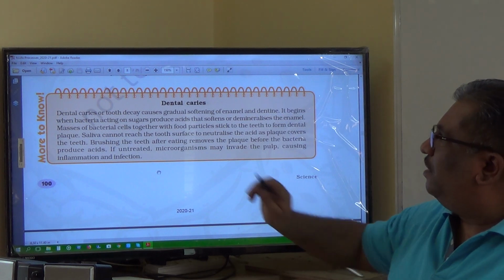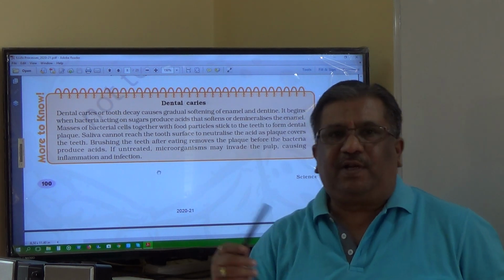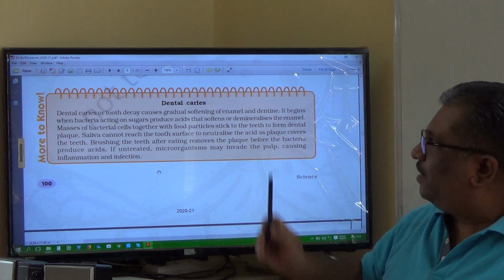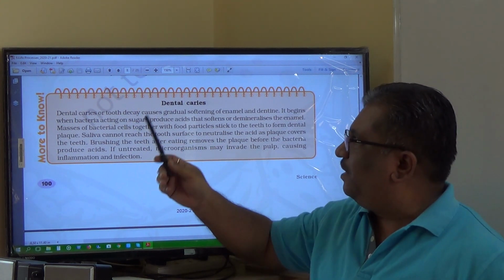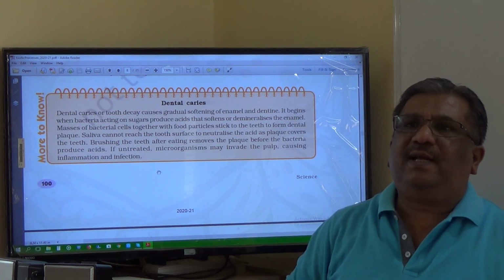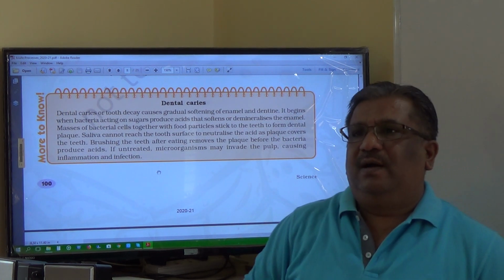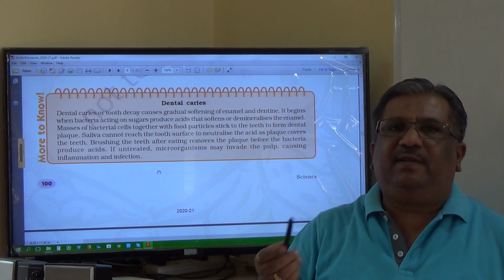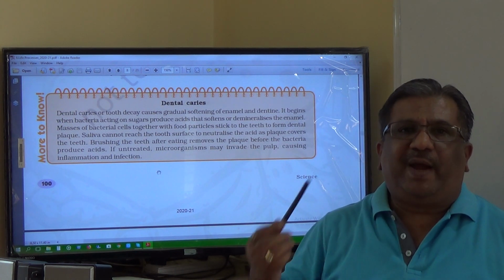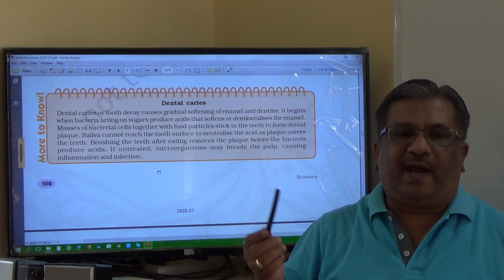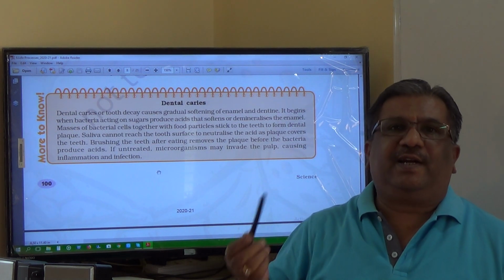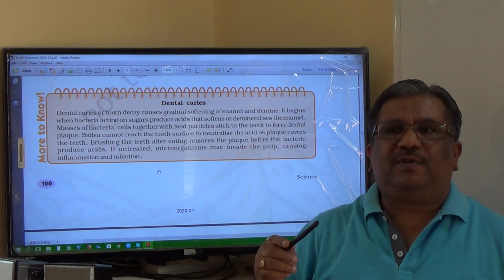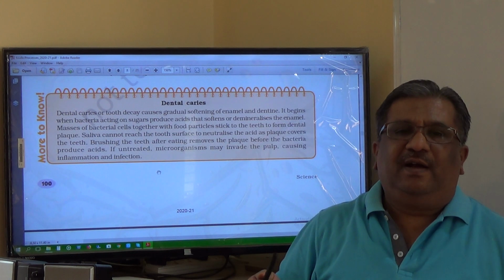What is it that causes the tooth decay? We are studying this in acids, bases, and salts also. Dental caries basically means tooth decay. What exactly happens is, whenever we eat food, bacteria present in the mouth act upon the sugar contents and produce acid.